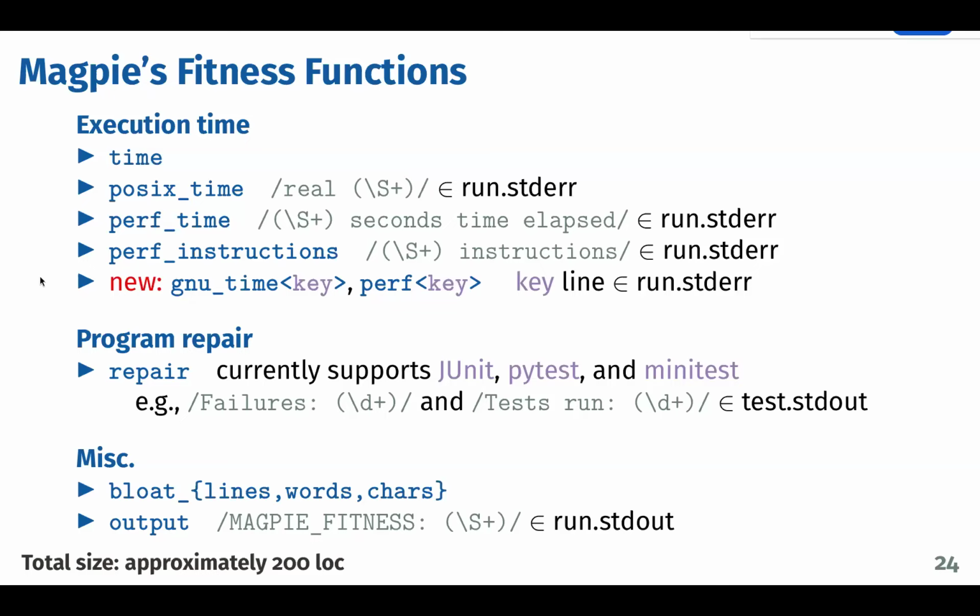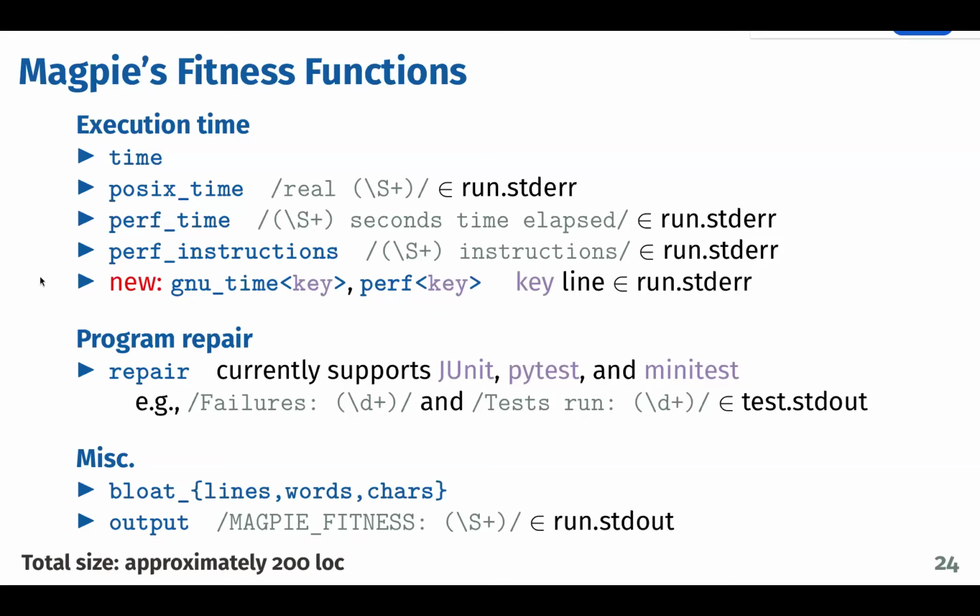And GNU time, perf time, which is new this year, you can just write in your scenario file some part of the output on the standard error, and it will take the value that is the closest to that part.